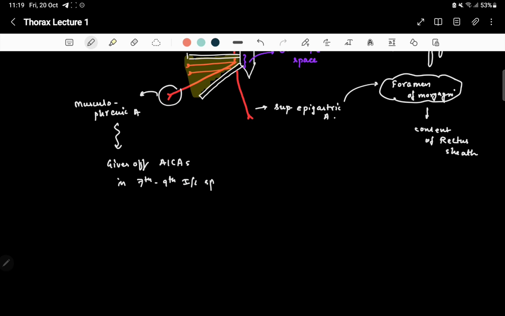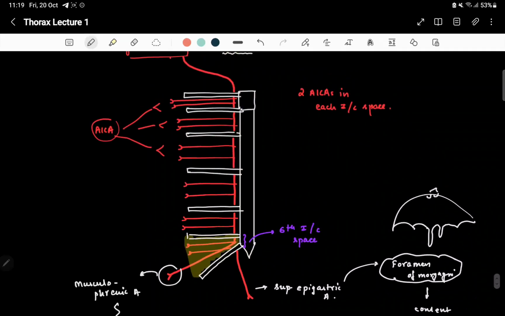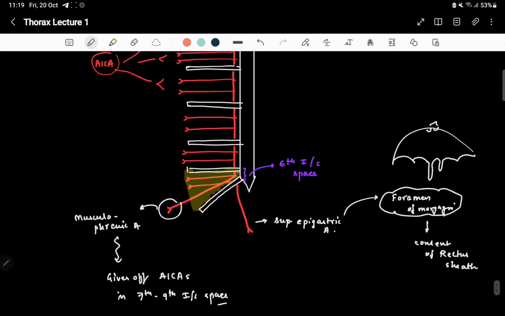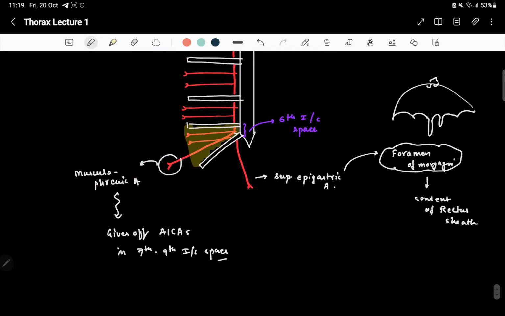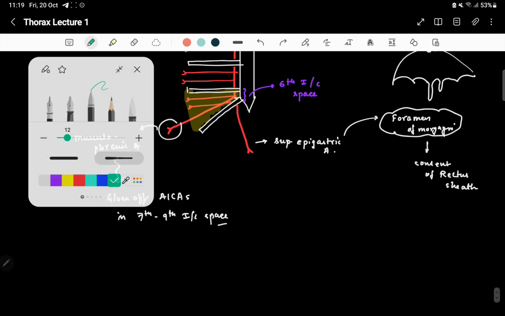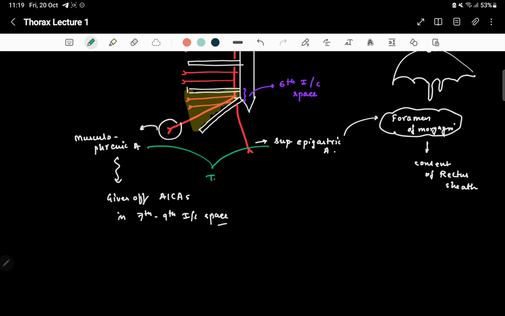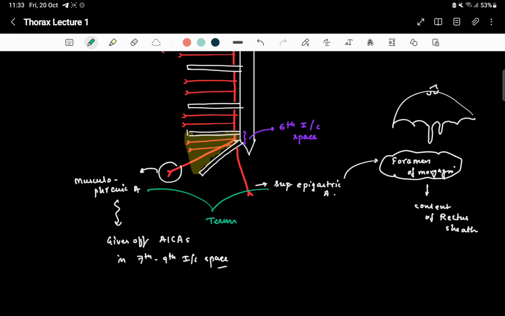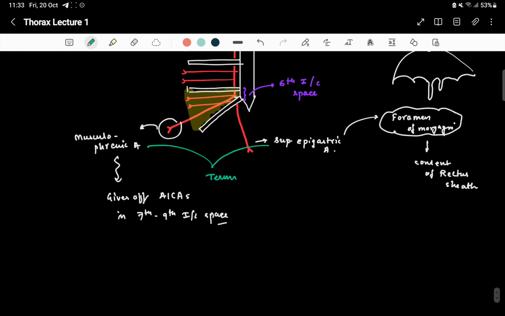Okay, because the internal thoracic artery ends here, the musculophrenic artery continues to do the same job of the internal thoracic in your 7th to 9th intercostal spaces. So superior epigastric and musculophrenic arteries, both are the terminal branches of your internal thoracic artery.